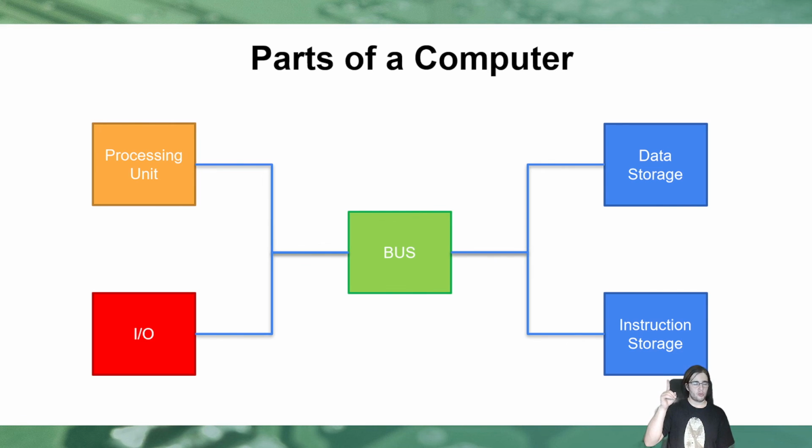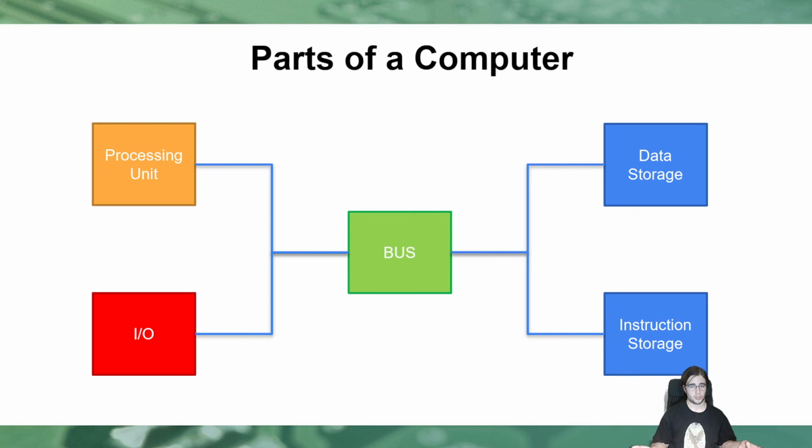Above me, the two things are data and instruction storage. They're both in the same color because in an actual computer, most of the time they are stored on the same device. Basically, they both go onto your hard drive, your C: or whatever drive you're using.